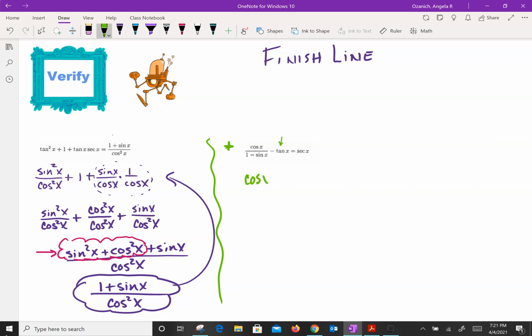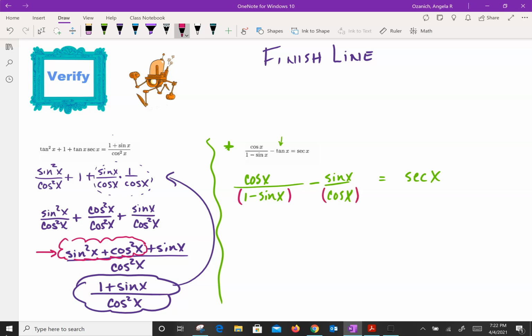Cosine of x over 1 minus the sine of x, and I'm going to subtract sine of x over cosine of x. So I have this fraction, and this whole fraction, I'm trying to make it somehow look like secant of x. That's my finish line. So I'm going to put you guys to work on this, and I'll be back and the answer will just magically appear.